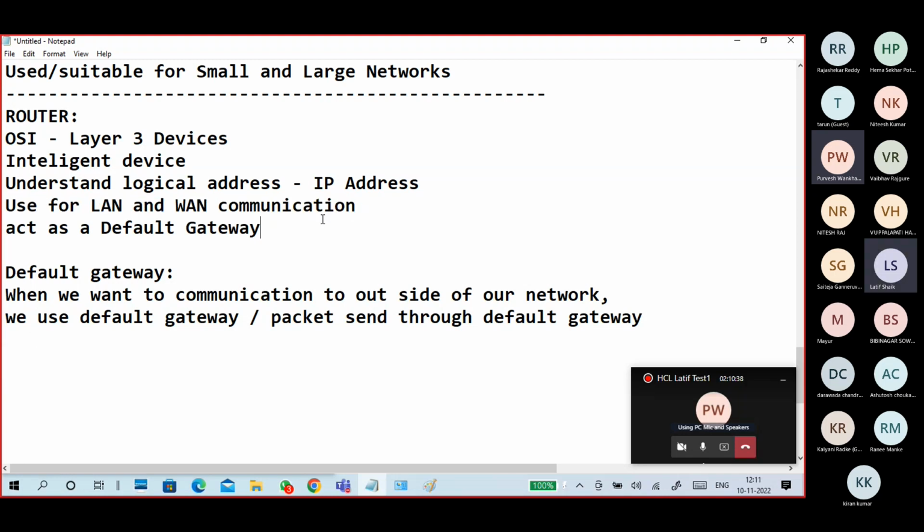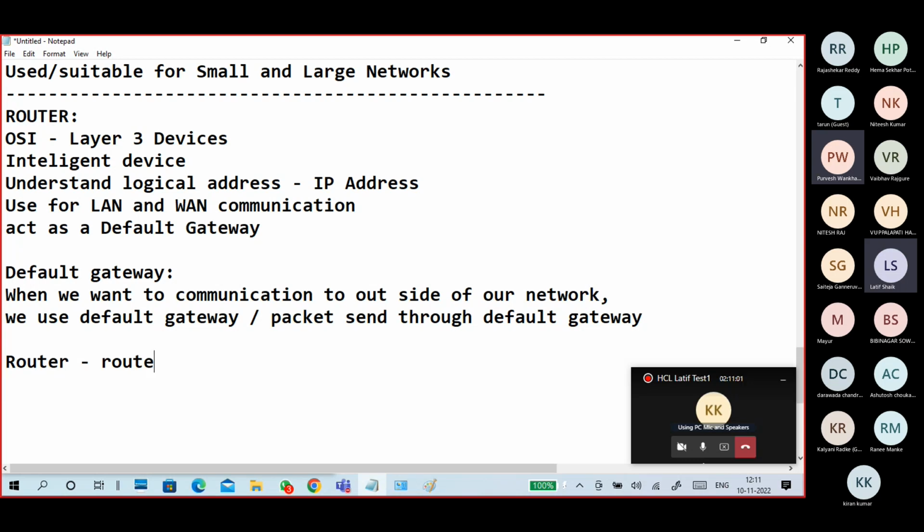It is for LAN and WAN communication. Yeah, tell me. It provides the best path for sending the data or reaching the destination. Very good. This is a router. Okay. So where did router come from?